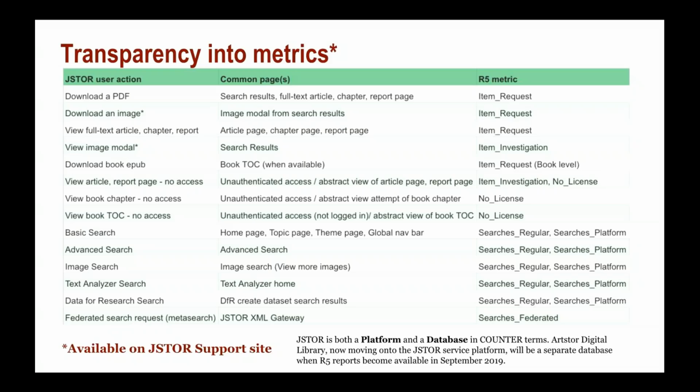They should be available by September 2019, and you can imagine that at the platform level, any search done, whether on ArtStor or JSTOR for your institution, registers as a platform search, and the regular search metric, which is the database search, is relevant to what database, whether that be ArtStor or JSTOR, in terms of the websites as they are now. That's how that's recorded. So that's just an example of how the database and platform relationship works in Counter terms.